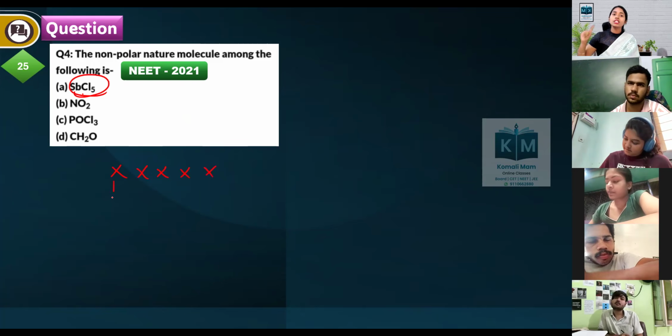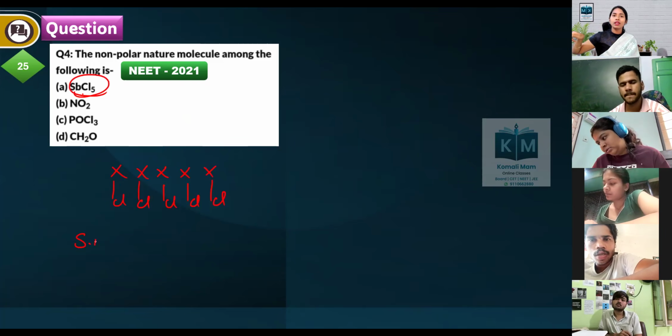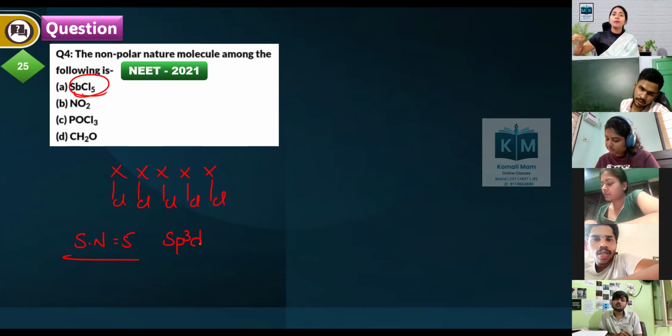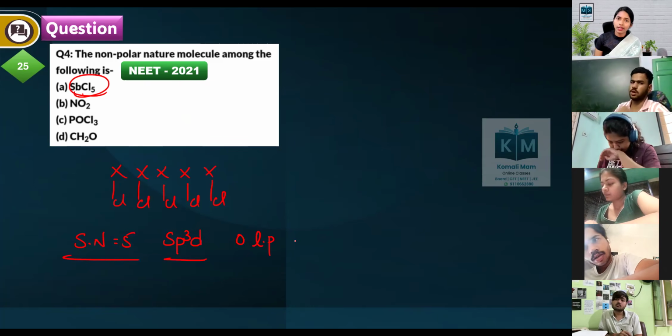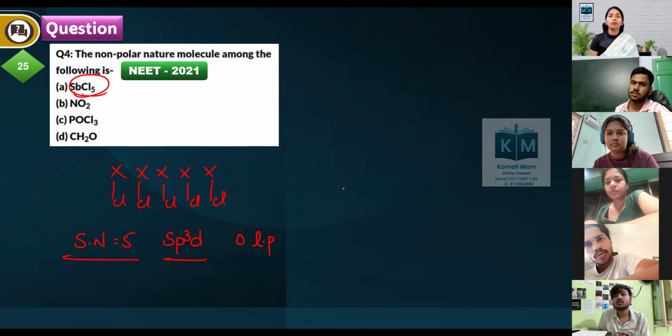Each chlorine forms 1 bond, so steric number will be 5. Steric number 5 means sp3d hybridization with 0 lone pairs. When any hybridization has 0 lone pairs, then it is a perfectly symmetrical molecule.